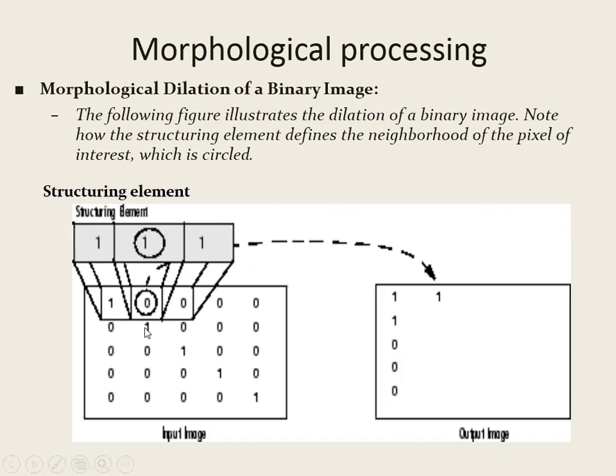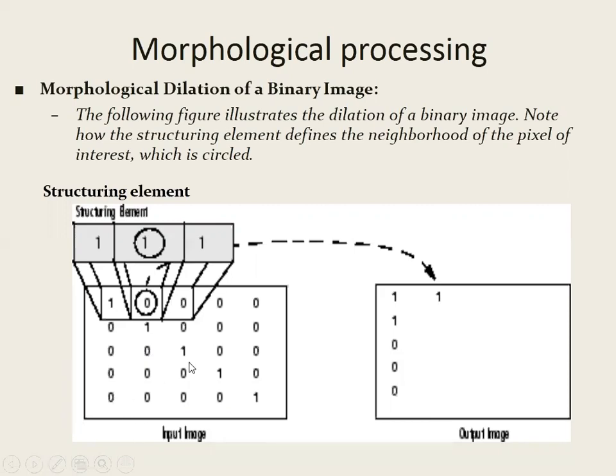There is an overlap, so this 0 is also replaced by 1. But if you go down one step, we have 0, 0. They are not overlapping with 1, 1, so we have to preserve 0 as it is. All below this one are 0, 0 from either side, so we keep that 0.